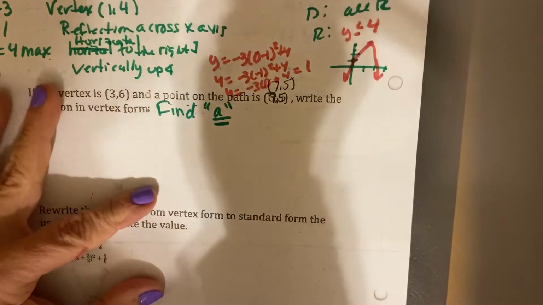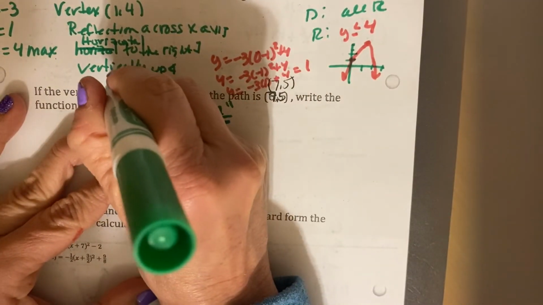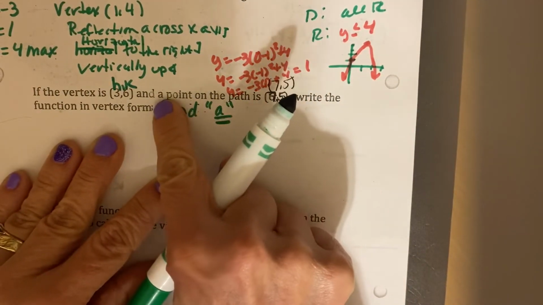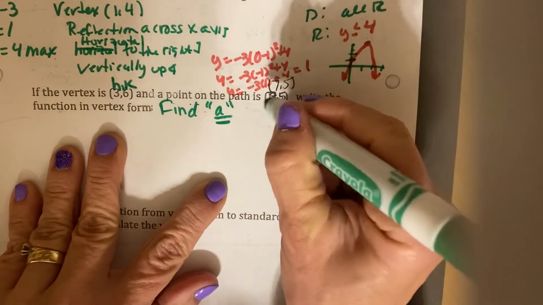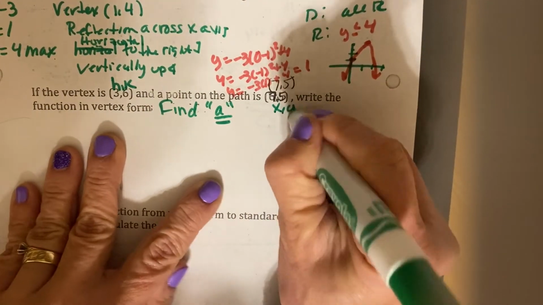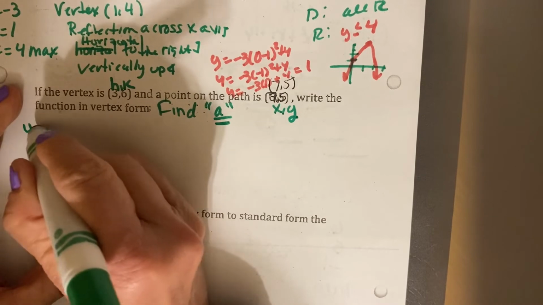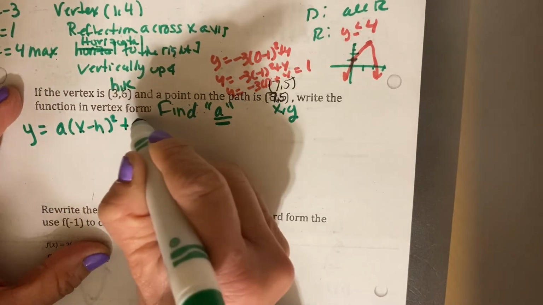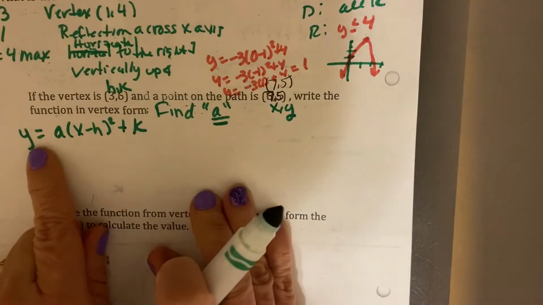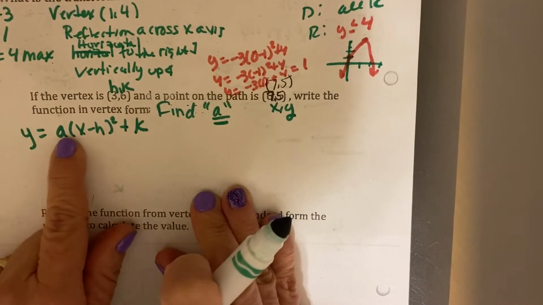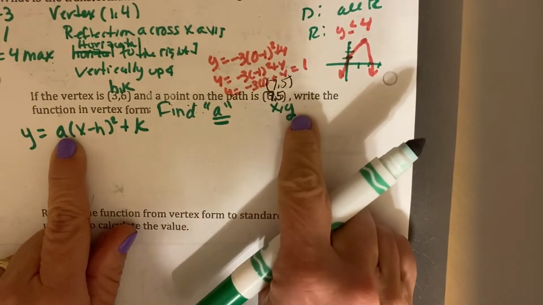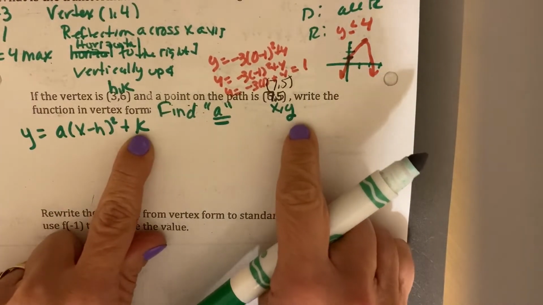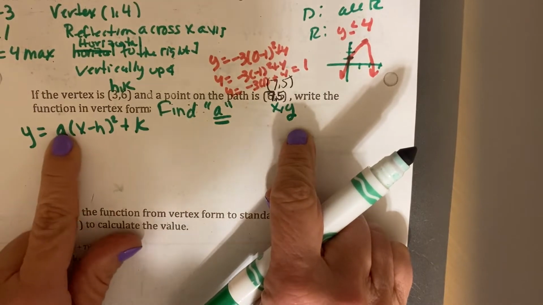So this is going to be our vertex, which is our H and our K. And basically a point on the path, this is just your X and your Y. So our formula, y is equal to a parentheses x minus h squared plus k. So if we can find every single value except for a, we can plug those in. And so if this is our x and our y, we know the x, we know the h, and we know the k, so we have everything we need except for a.